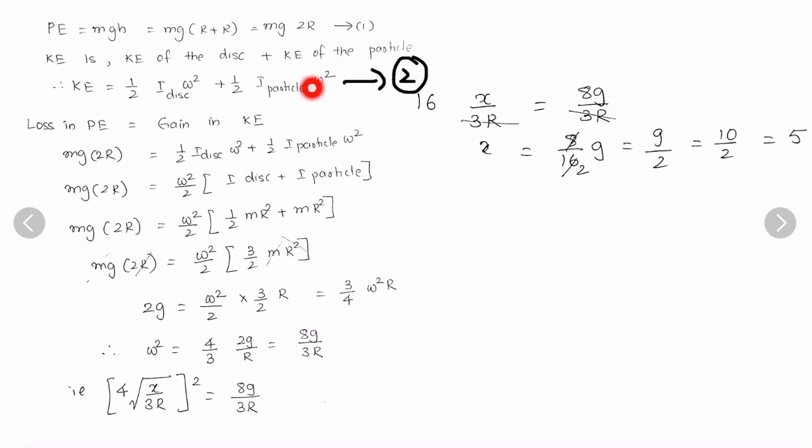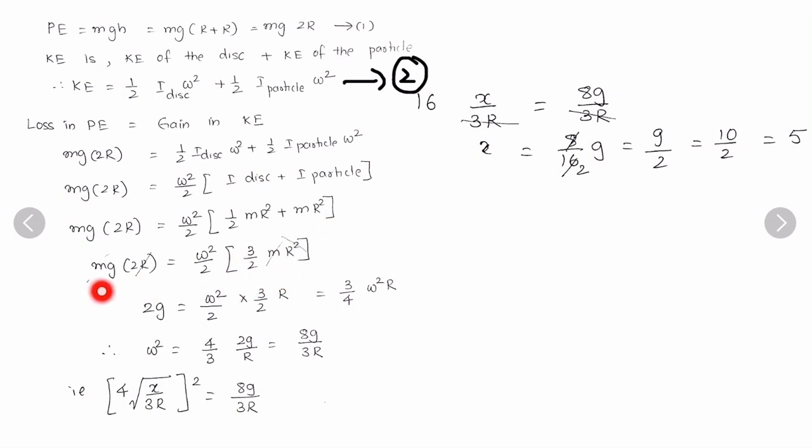Equating equation 1 and 2, mg2r is equal to omega square by 2 common, take it out, I disk plus I particle. I disk is half mr square, and for the particle it is mr square. So this is half mr square plus mr square, which becomes 3 by 2 mr square.